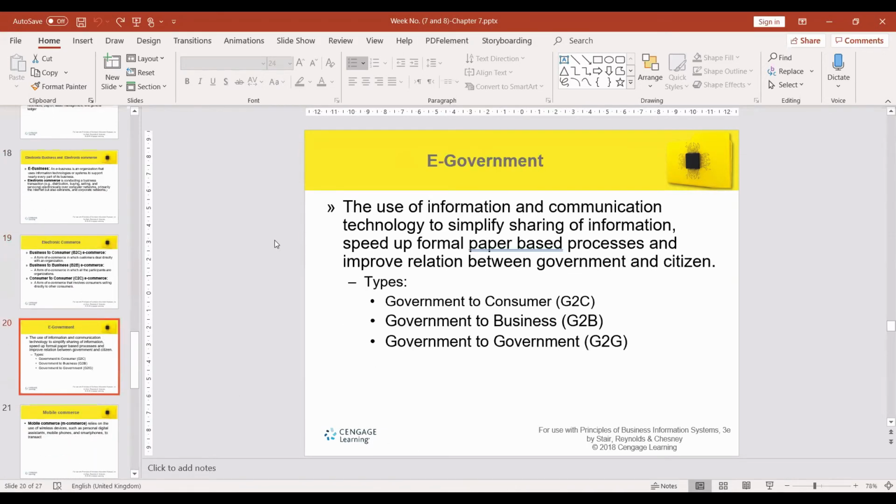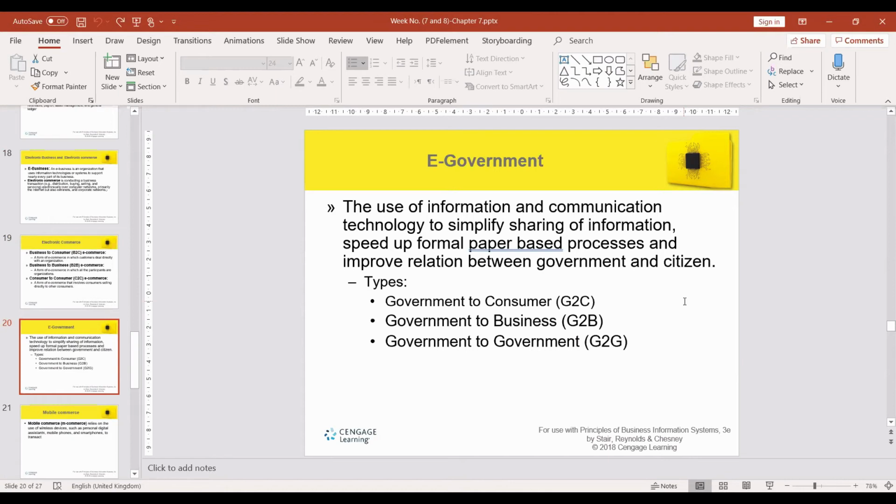Okay. So the next topic is e-government. We talked about business a lot, that we have e-business organizations and we have e-commerce, electronic business. Now the next topic is e-government. This is also very important nowadays for every country.